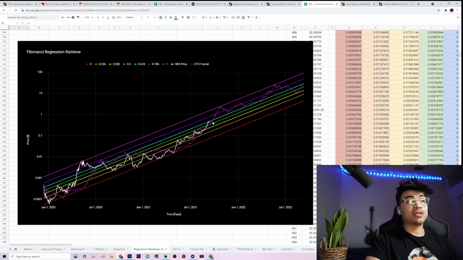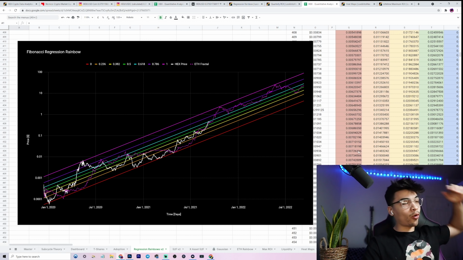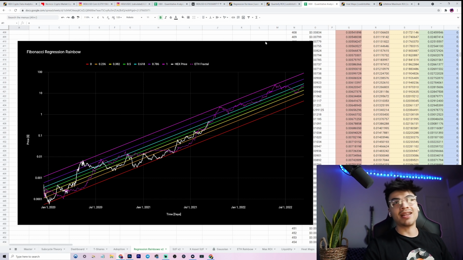And maybe we see a bullish formation like this, just some nice sideways action, creating some market structure after this huge move we just had. Don't forget, we just went up like 4 or 5x. So let it cool off for a bit before hopefully a tear into the end of the year, and maybe Q4 will be the time where HEX continues to shine as it has been all year.